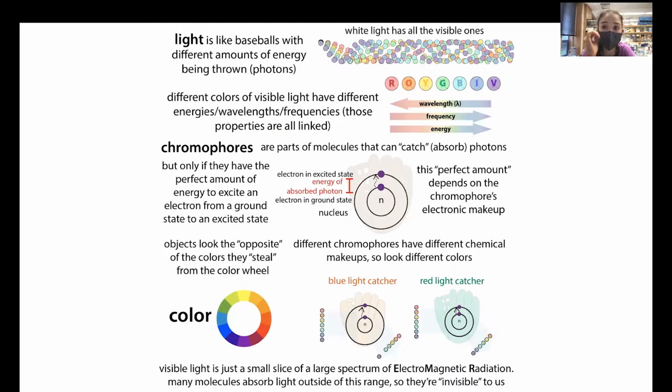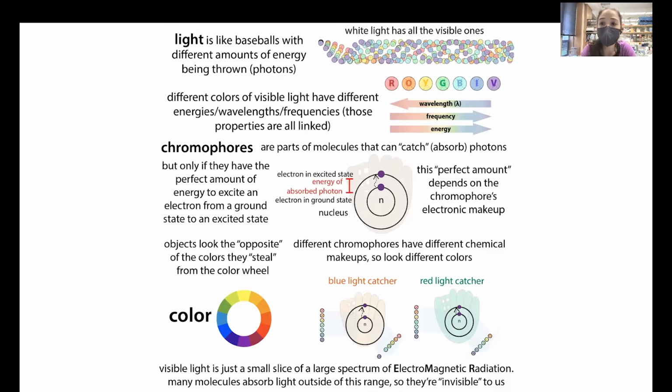Because you have a direct relationship, remember, between energy and wavelength, different wavelengths will have different amounts of energy in their photons. And so you can think of these like baseballs being thrown. In white light, you'd have all the colors, all these different baseballs of every energy.